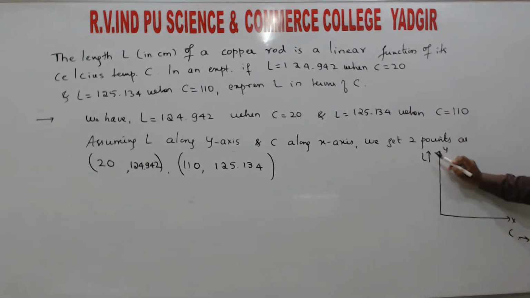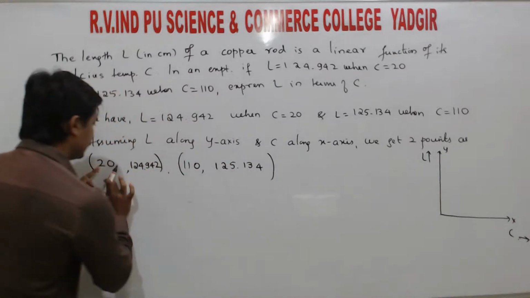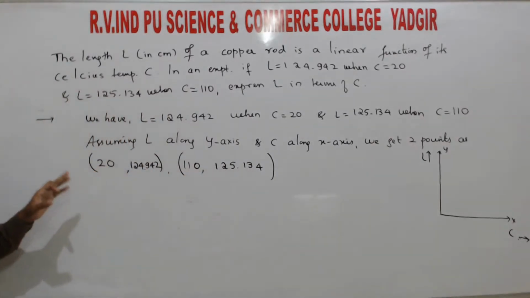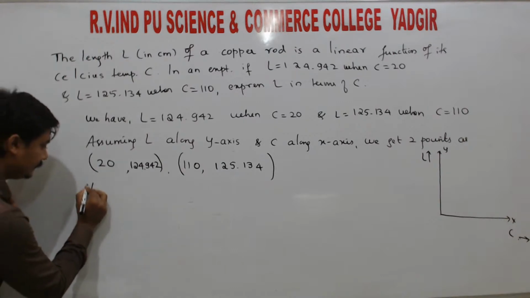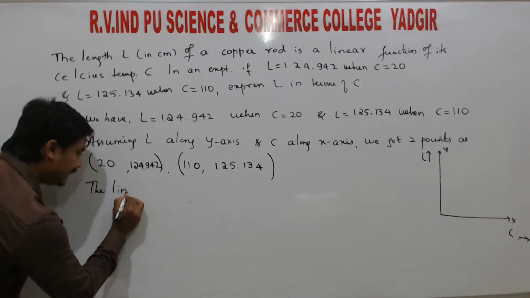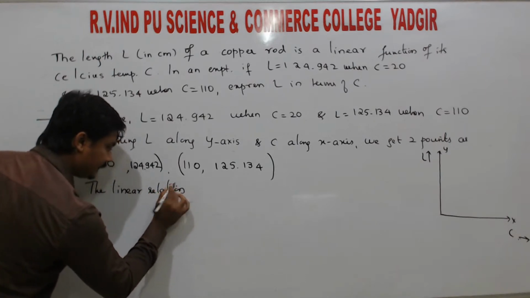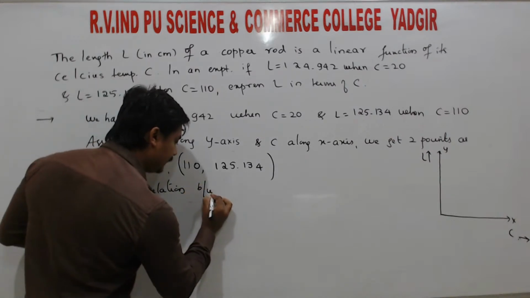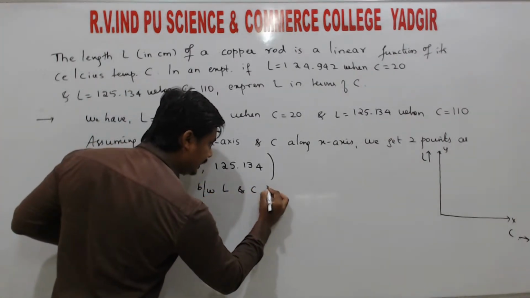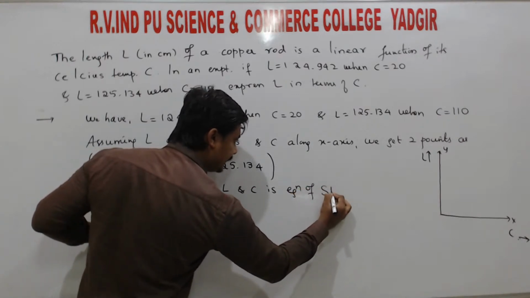Assuming L along the y-axis and C along the x-axis, you get 2 points. This is the first point and this is our second point. Next, the linear relation. Linear means straight line. The linear relation between L and C is the equation of a straight line.